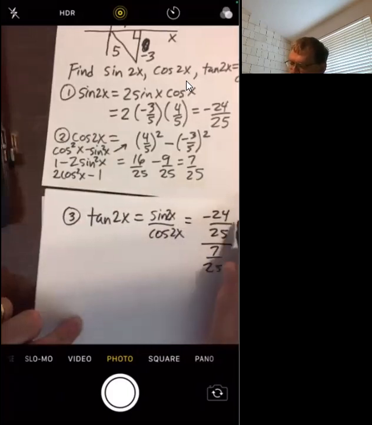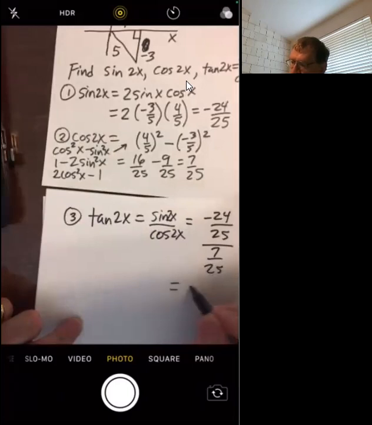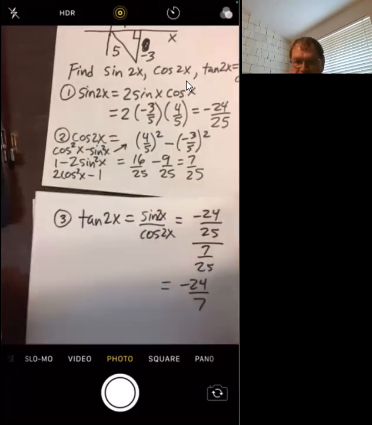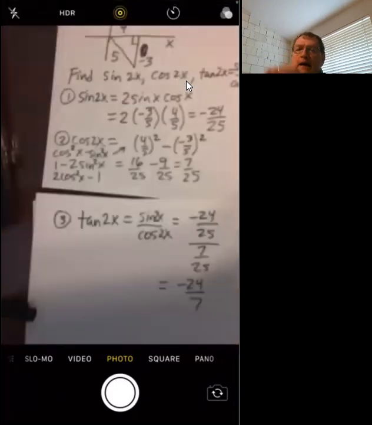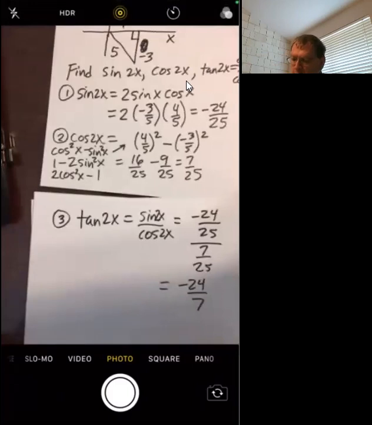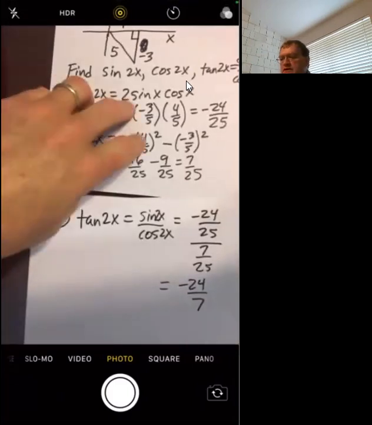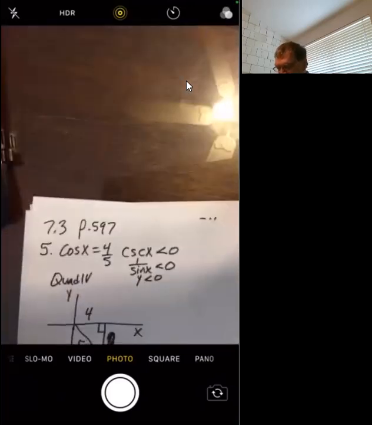Flip around, times 25 over 7, you're going to wind up with -24 over 7. Remember, there's no rules about tangents. It's your ratio of y to x. Notice it's negative because it's in quadrant 4. Okay, so that's what they want. Double angle formulas in the first section.